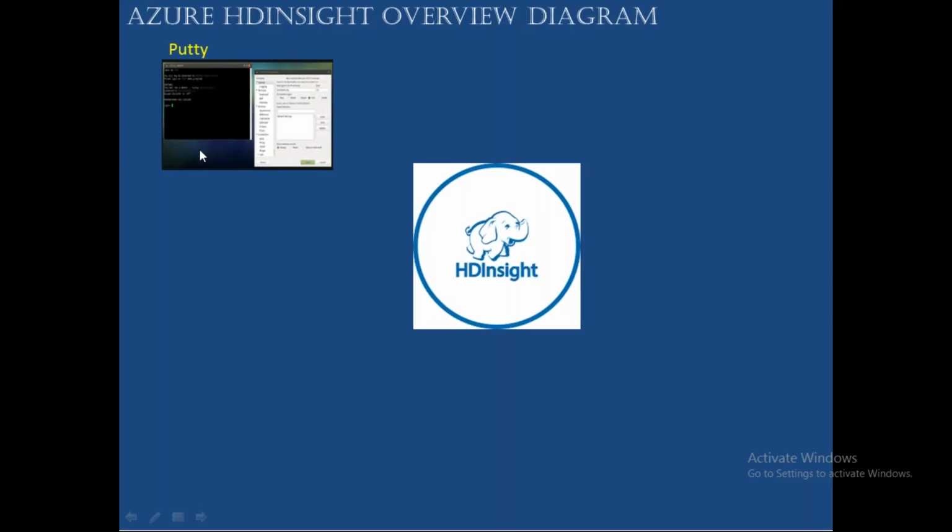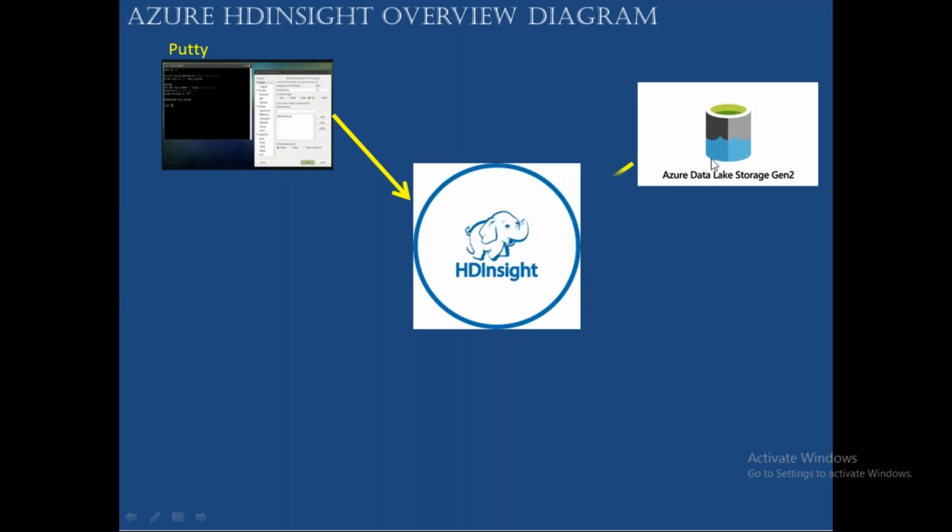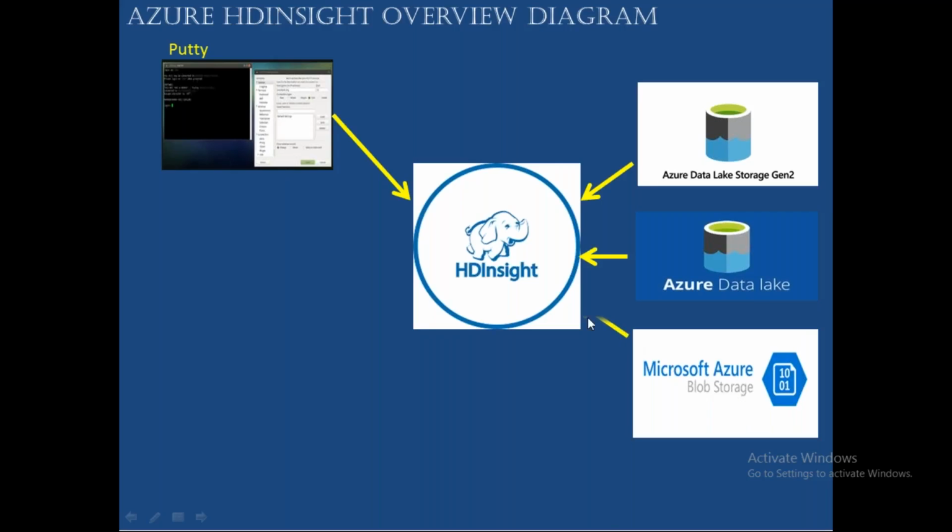Here you are going to write all your commands. Let's say I submitted my Spark code. This Spark code can read data from Data Lake Storage Gen 2, can read data from Data Lake Storage Gen 1, and can read data from Blob storage.